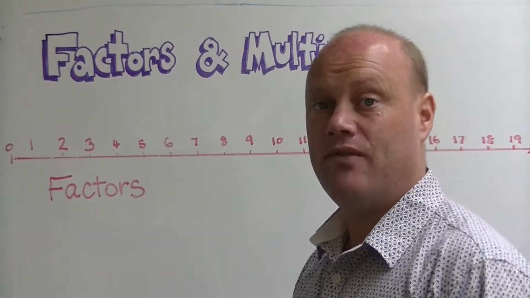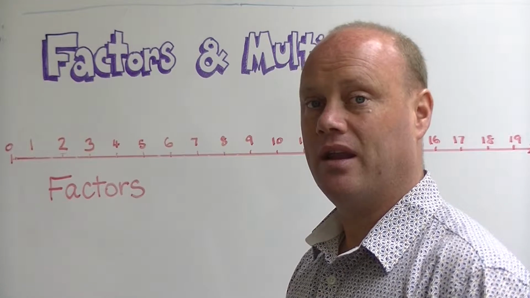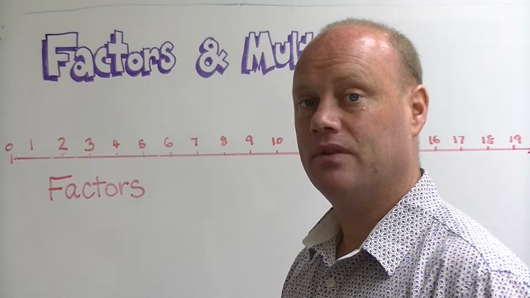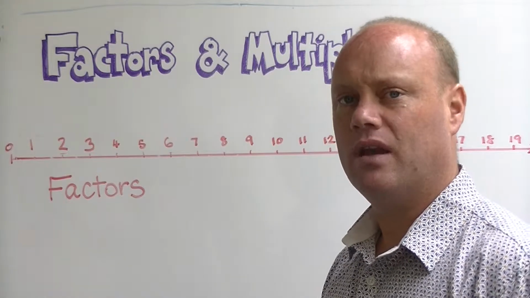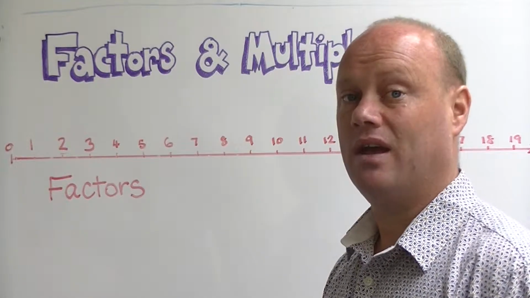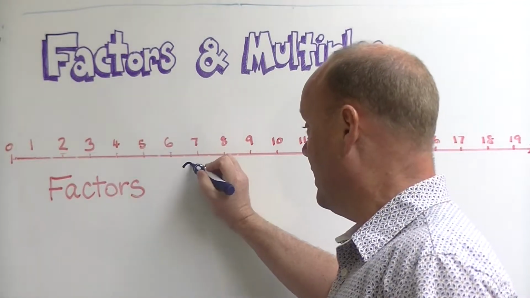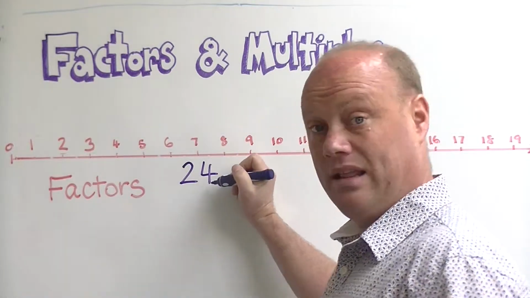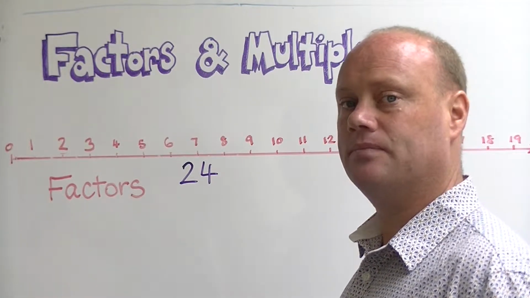So let's think about factors some more. We said that any numbers that multiply by another number to get an answer is a factor. Now, some numbers have few factors, but some numbers have many factors. So let's look at a number like 24 and find the factors of 24. Now, I can do this systematically.